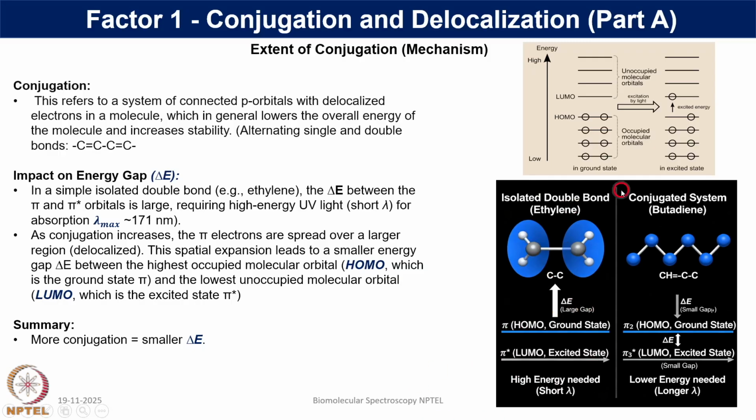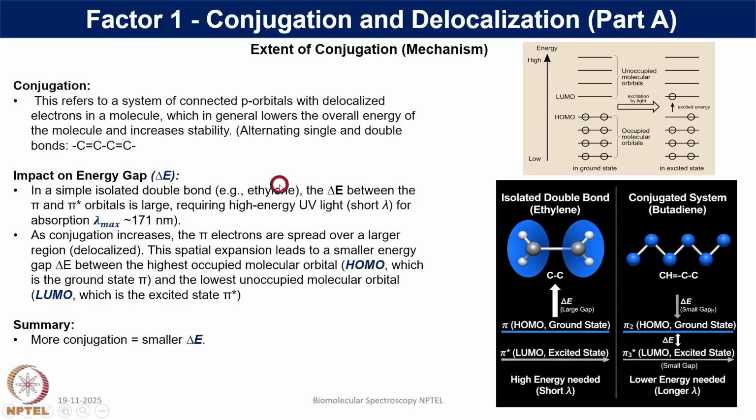So, HOMO to LUMO transition happens. If you look at the double bond in ethylene versus the conjugated system in butadiene, that is the change in the energy that happens. Conjugation refers to a system of connected pi orbitals with delocalized electrons in a molecule, which in general lowers the overall energy of a molecule and increases the stability, right.